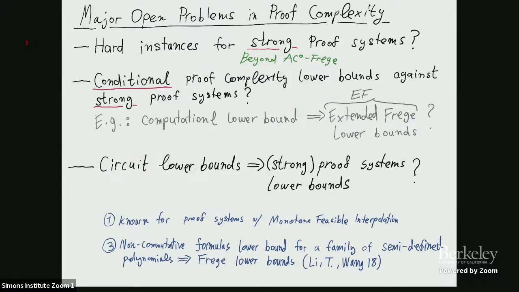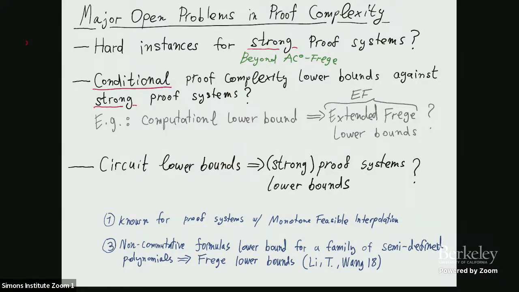Right. So let's see what the major open problems in proof complexity are, or some of them. Hard instances for strong proof systems. So we know these classical results by Ajtai, and then Impagliazzo, Krajíček, Woods, and Pudlák for the AC0 Frege lower bound.